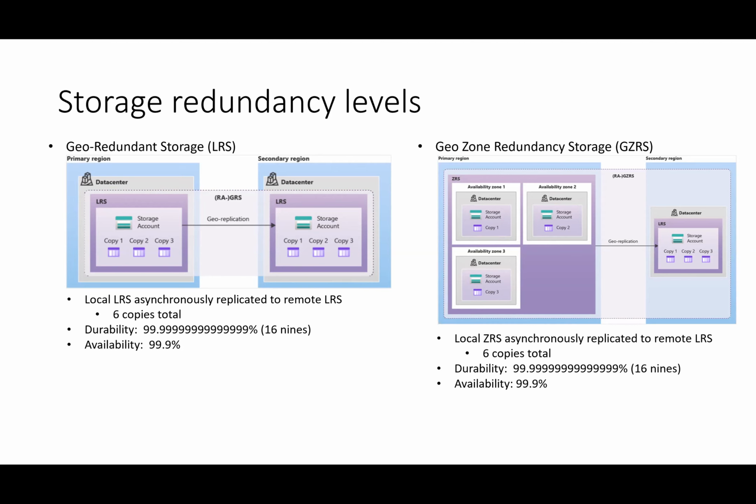And then the only difference really is what's in the primary region, either LRS or ZRS. So when you absolutely positively have to make sure that it's there, these are the ways to do it. And there are no options to ever write a single copy or a double copy of data to disk. It's always at least triple copy. The other thing too is I don't mention it on the slide here, but encryption.